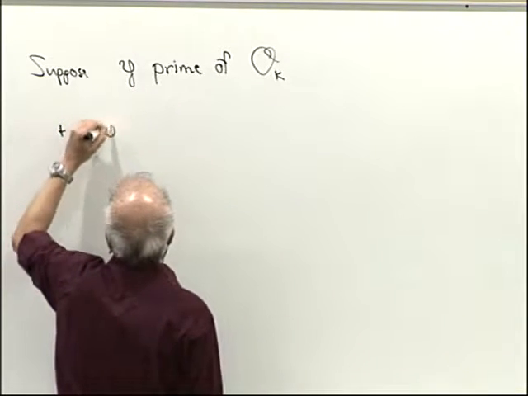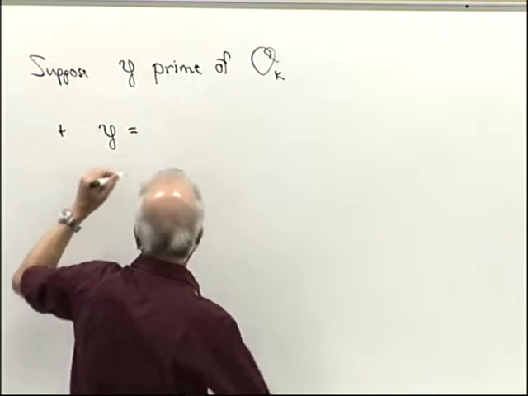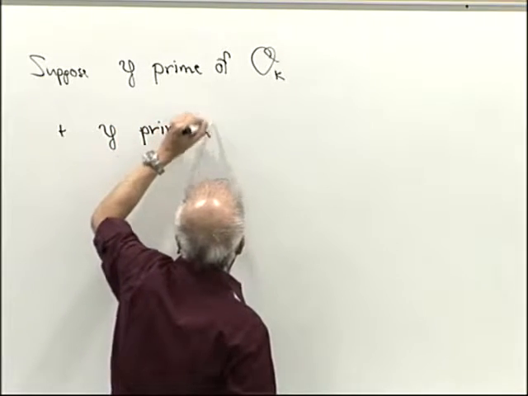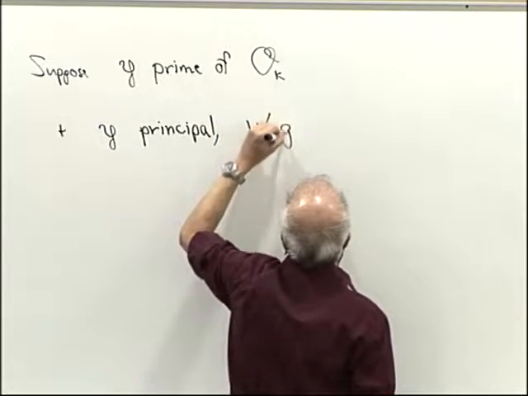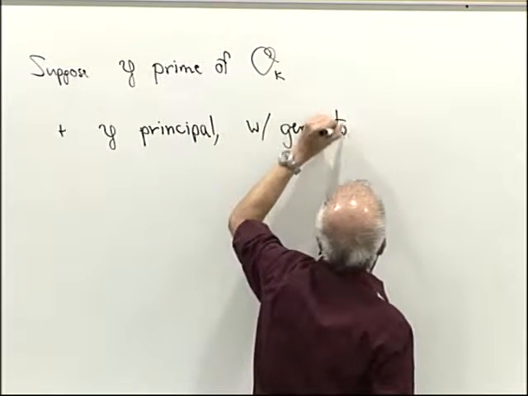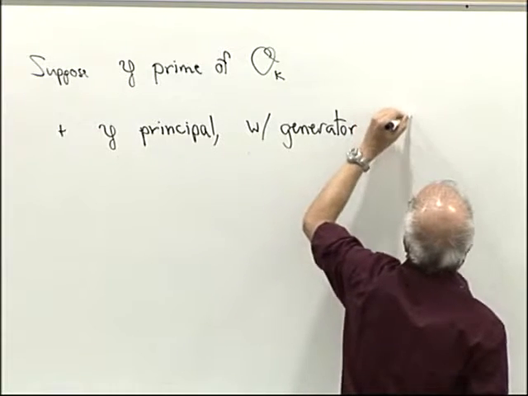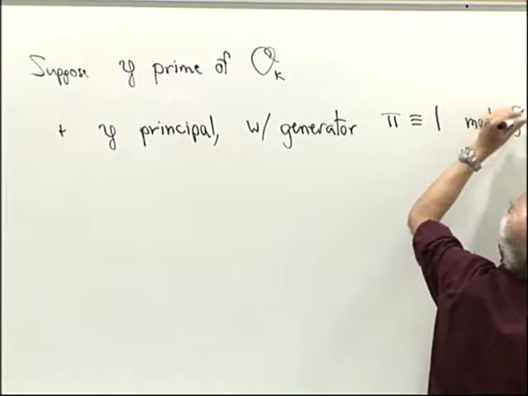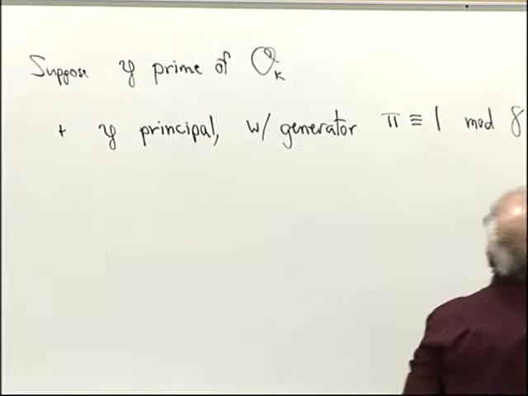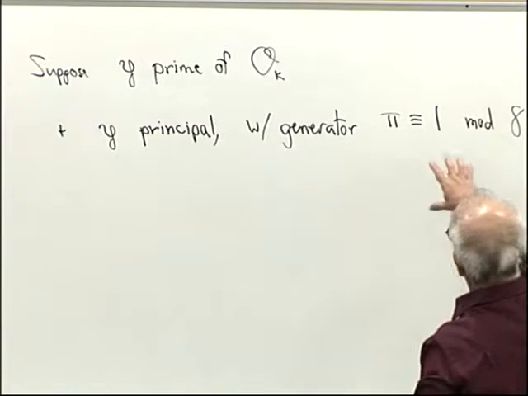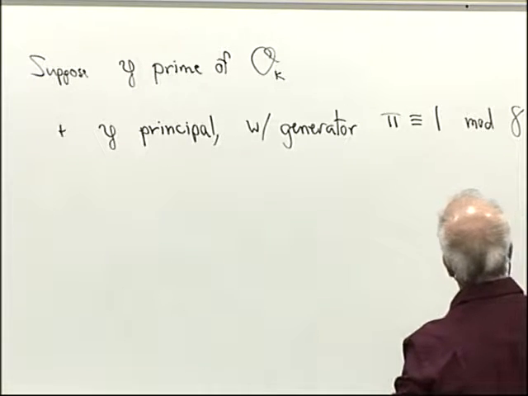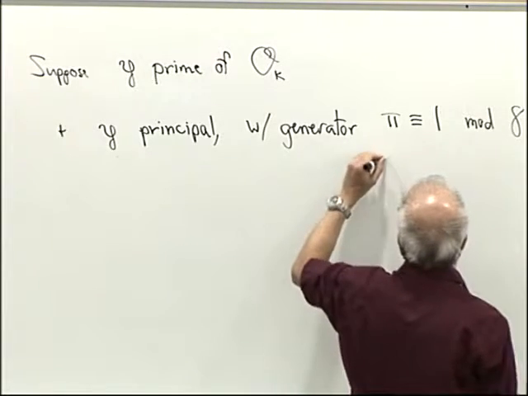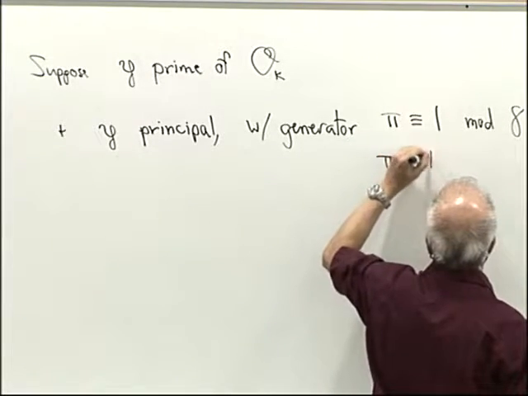And P is principal, even better with a generator pi. And to be safe, I could take pi to be congruent to 1 modulo 8 times the discriminant. Sometimes I do want to require something less, or things won't work, but this makes it safer. And totally positive, so positive at every real embedding.